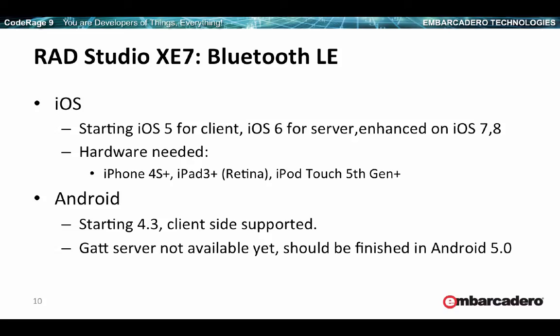And in the case of the iPod Touch, we need one of the 5th generation. For Android, we need at least version 4.3, and the client side is fully supported. For GATT servers, we need to wait until Android 5 is released.